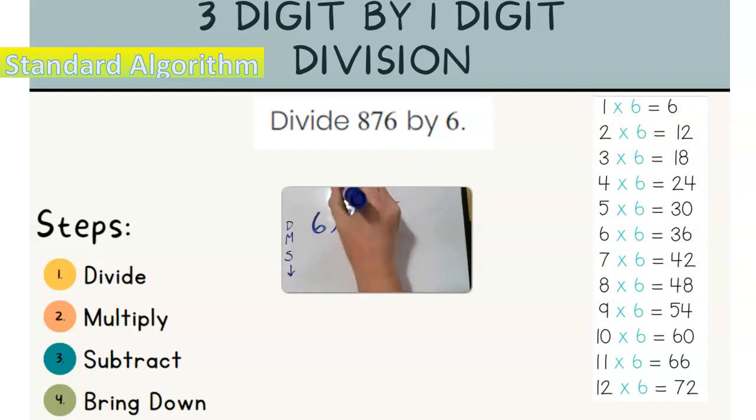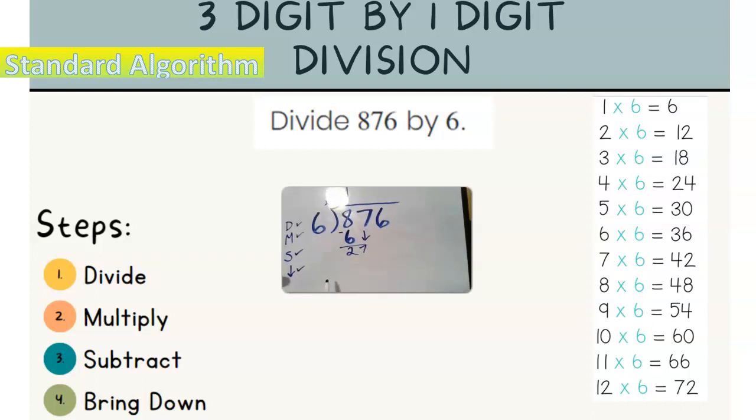So 1, check, I divided. I sometimes put a multiplication sign here. That kind of helps me remember what order to do things in. So 1 times 6, 6, check. Subtract. 8 minus 6 equals 2, check. Bring down the next number, check.